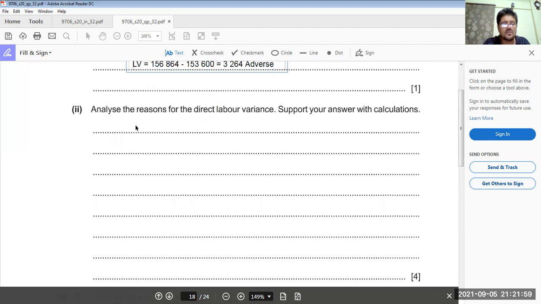Now come to labor rate variance. If we calculate labor rate variance, the actual labor cost is 1,56,864 minus what labor cost should have been. What labor cost should have been? It is 145,920. And the answer is 10,944.